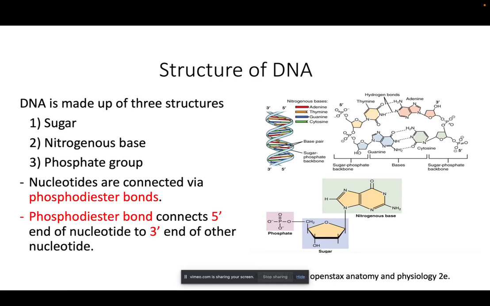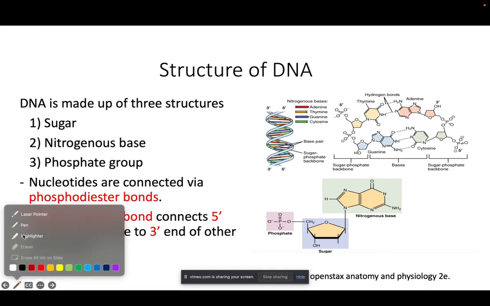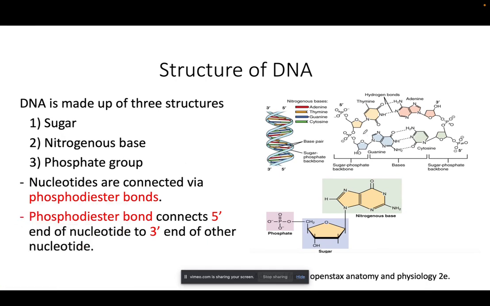Okay, and this phosphodiester bond connects the 5' end of one nucleotide to the 3' end of another nucleotide, because as you can see here, let me bring my pen. This is 1, this is 2, this is 3, this is 4, this is 5. So the 5' end of this sugar is attached to a phosphate, and this is 1, this is 2, and this is 3.